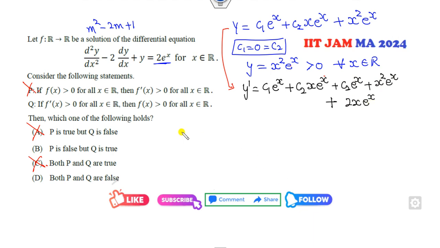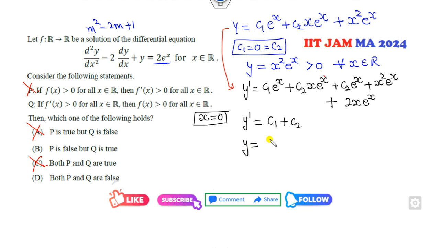Now what are c1 and c2? Again it is not given to us, so you can choose any number. I can choose x as 0. What is my y dash? c1, plus c2, this is 0, this is 0. So when x is 0, what is my y?